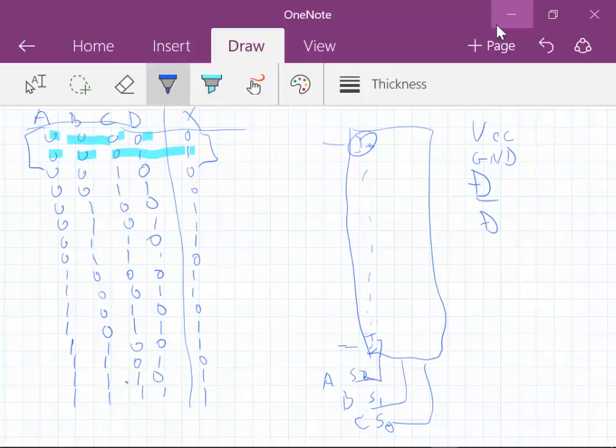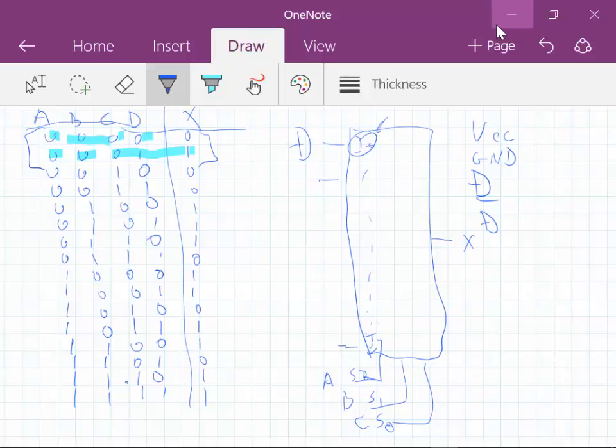No place else in the table is A, B, C 0. So that means that when I put A, B, C as 0, I'm going to use this input right here. What do I want this input to be on the output X? When D is 0, I want it to be 0. When D is 1, I want it to be 1, right? So I want it to be the same as D. So I tie that input to D.